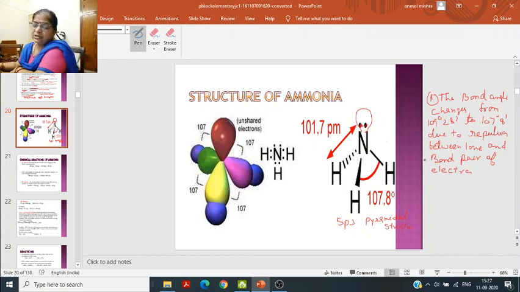You can see the structure is trigonal bipyramidal.